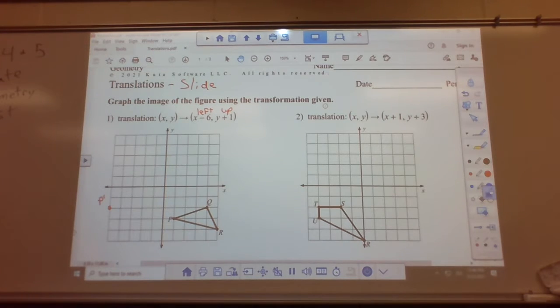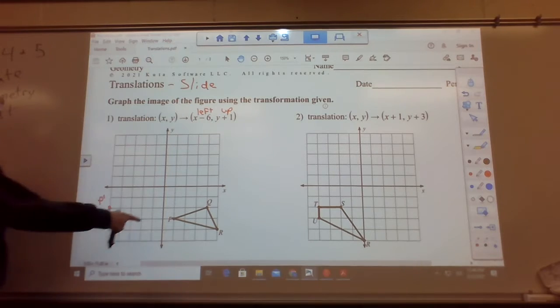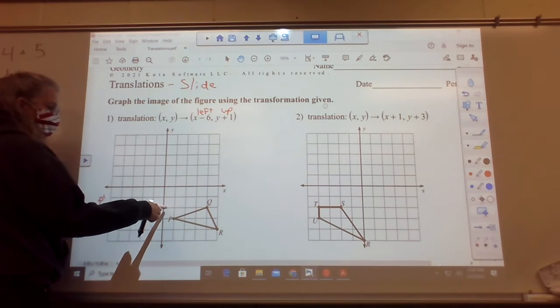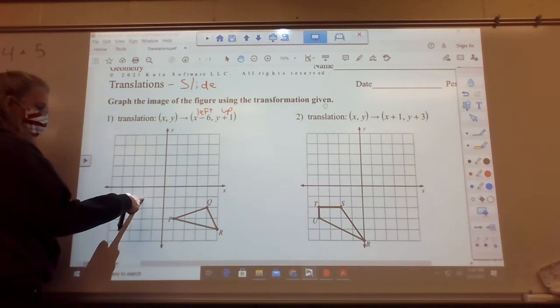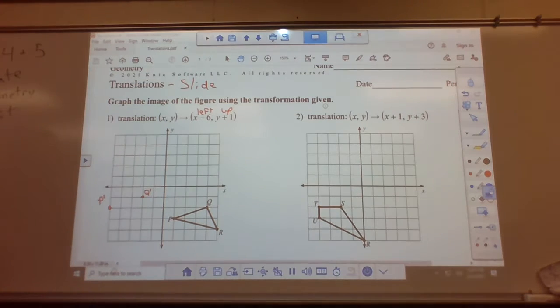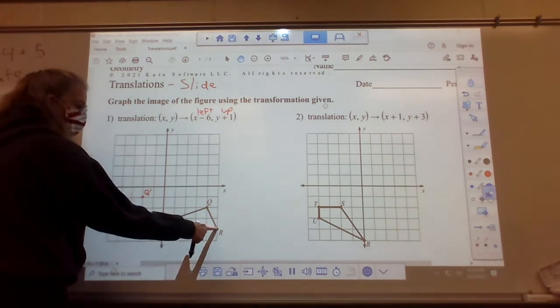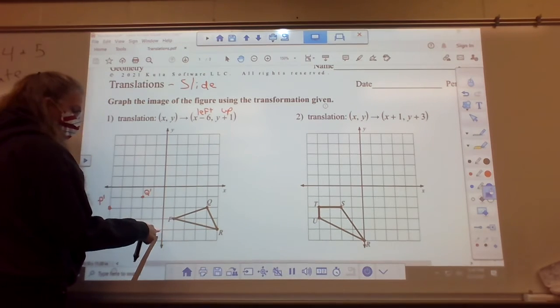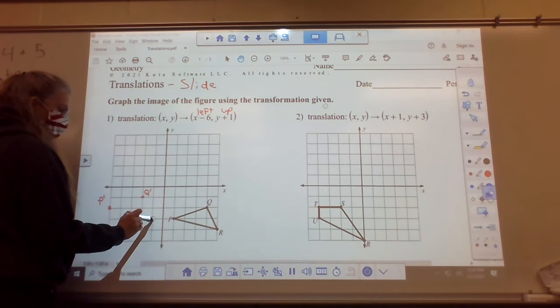Wherever your new one is, you put a P with a little mark, P prime. That tells me that's the new location. So Q: 1, 2, 3, 4, 5, 6, up 1. That's my new Q. And then R: 1, 2, 3, 4, 5, 6, up 1. There's my new R.